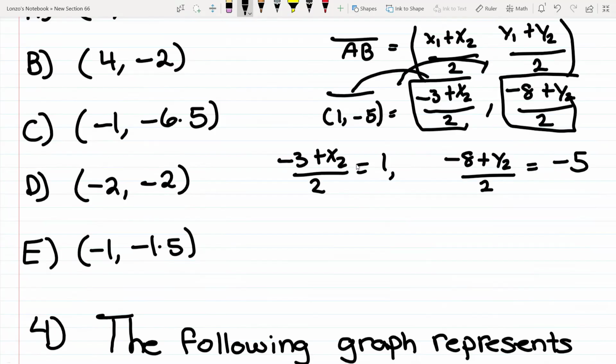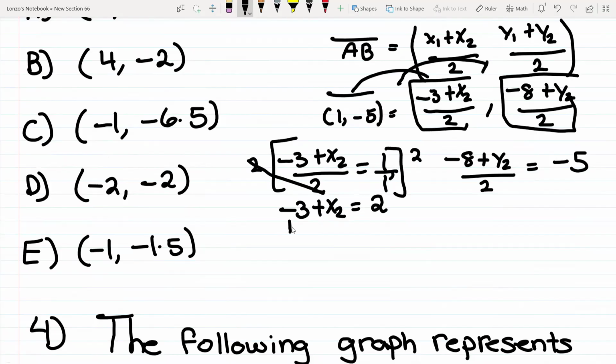What I'm going to do next is cross multiply, or get rid of the fraction by multiplying both sides by 2. So the 2's cancel, you're left with -3 plus x2, and 1 times 2 is 2. Add 3, x2 equals 5.